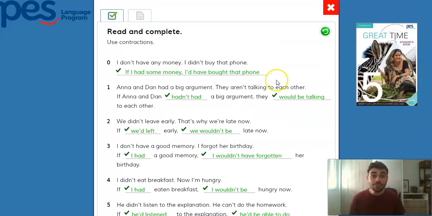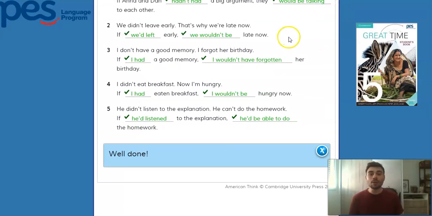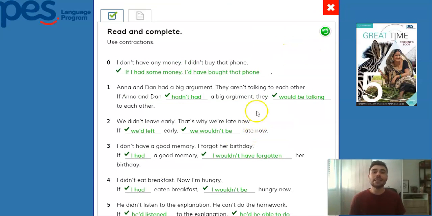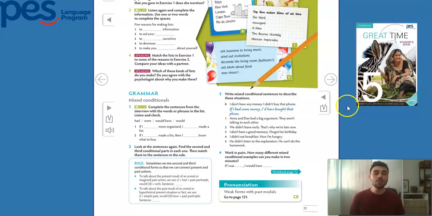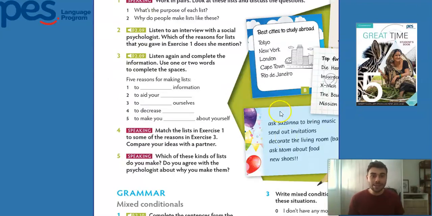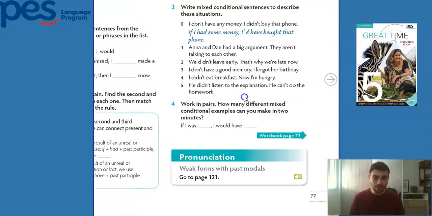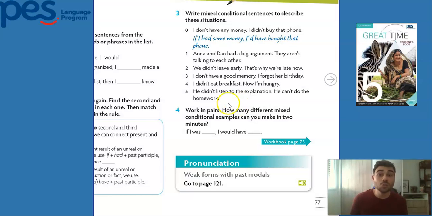Now, well done for this part, okay? Going back here, if you want to continue practicing this mixed conditionals topic, you can do this challenge here of number 4. If you want, you can talk to a classmate and try to do it together as a competition, right? Or it can be a personal challenge.